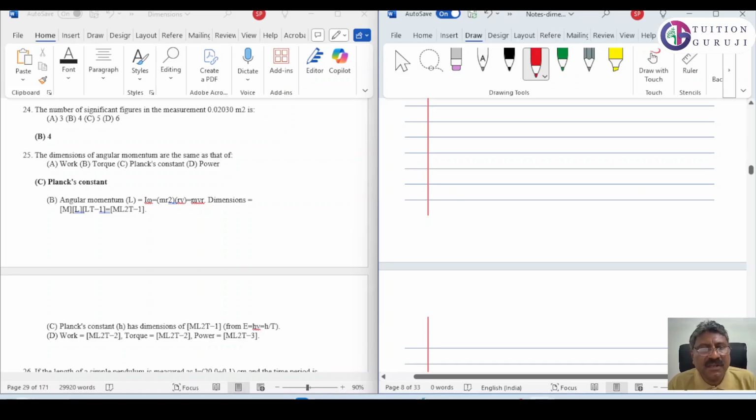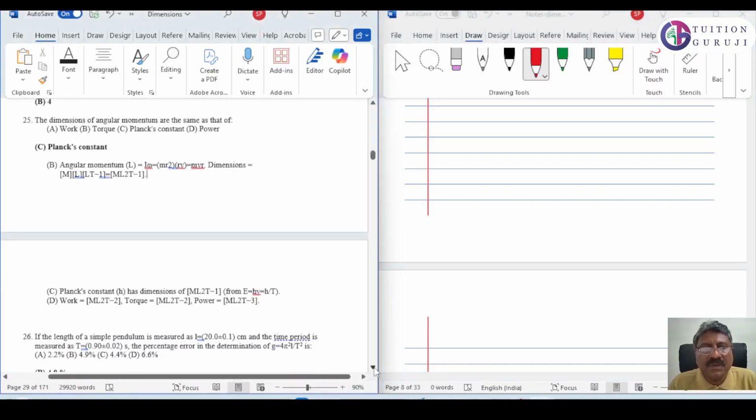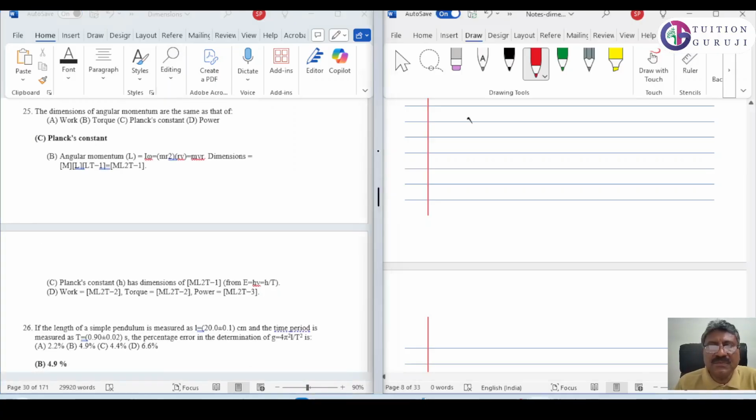Next: the dimensions of angular momentum are the same as that of. So let us see what angular momentum is. We know the formula for angular momentum is L is equal to I omega.